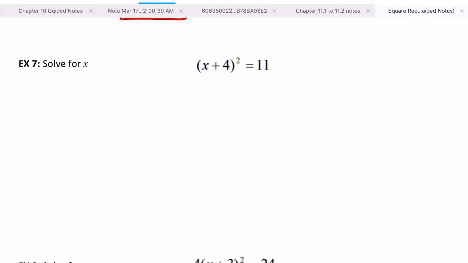Now the second to last example here, very much like the last one, except when we square both sides, we're not going to get a nice perfect square. So you're going to apply the square root to both sides. You get x plus 4 without the squared. It just becomes x plus 4.